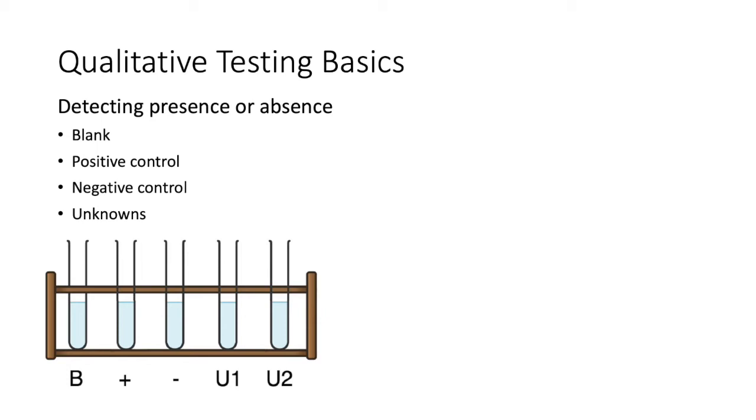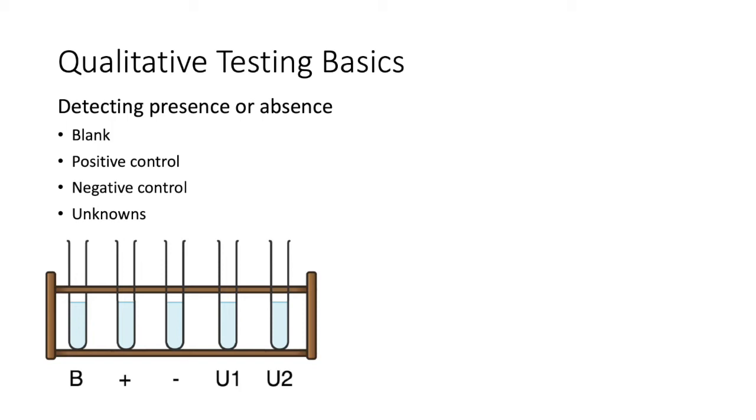A positive control is a sample that's used to make sure that the test is working correctly and to confirm what the test results should look like. So a positive control should contain a chemical that you know will give a positive result for the test. A negative control is pretty much the opposite. A negative control contains a chemical that you know should not give a positive result.